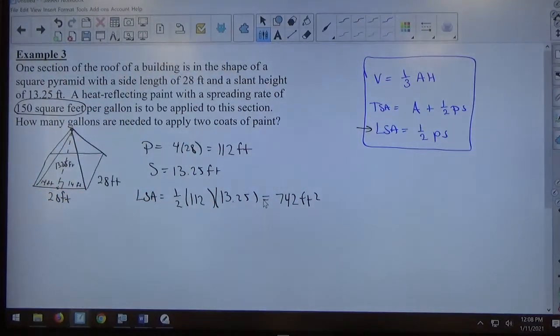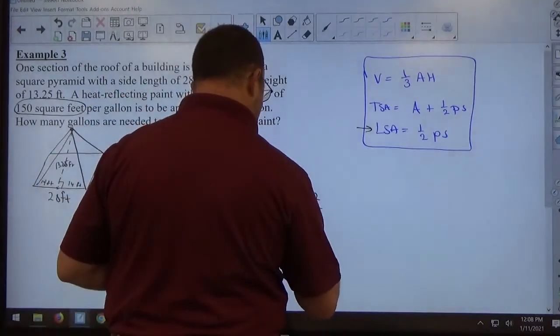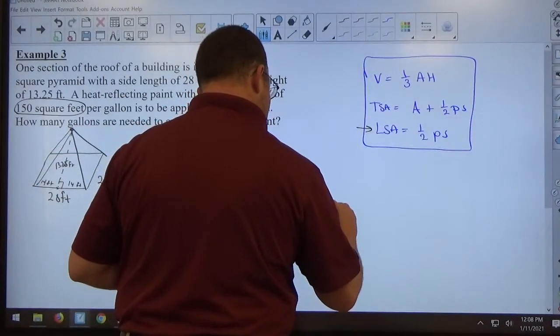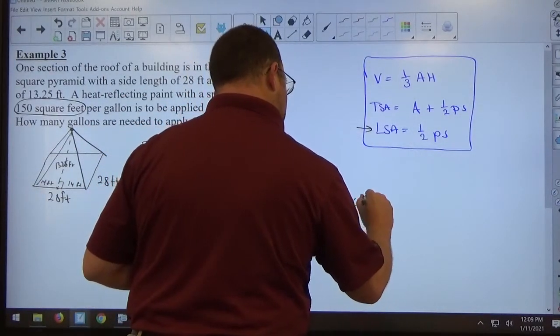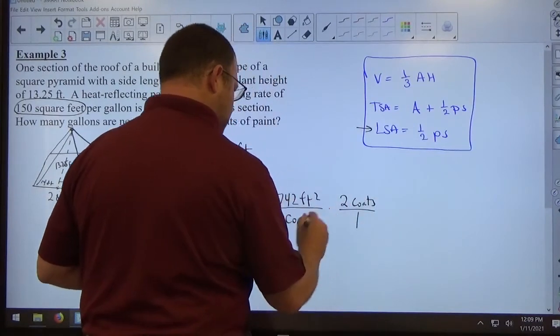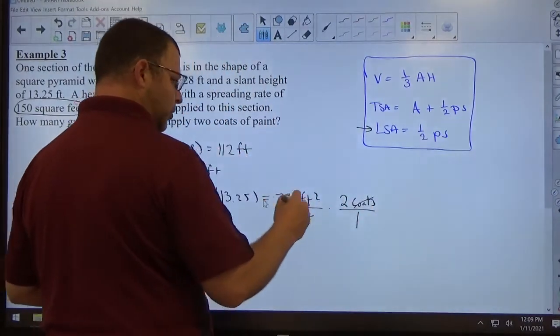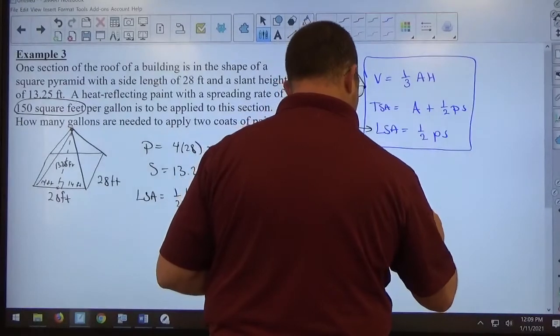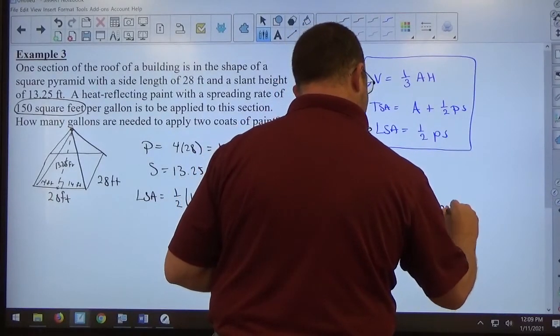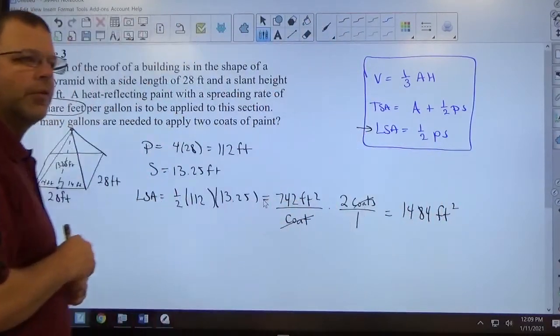We want to apply 2 coats of paint, so we need to cover that amount of space twice. So this is 742 square feet per coat, and we want 2 coats. Coat cancels coat, so 742 times 2 is 1,484 square feet of surface needs to be covered.